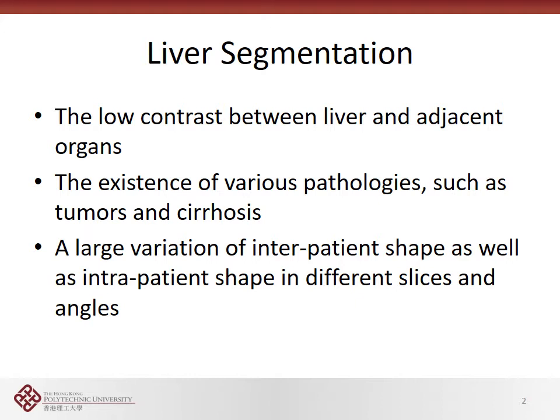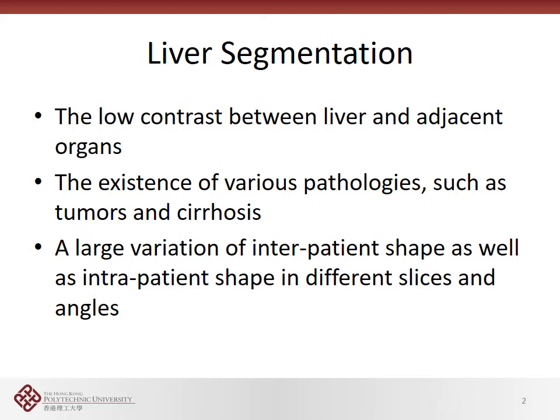First, the contrast between the liver and adjacent organs is relatively low, so it's quite difficult to distinguish the boundary of the liver from the adjacent organs. Second, the existence of various pathologies, such as tumors and cirrhosis, makes this task even harder.